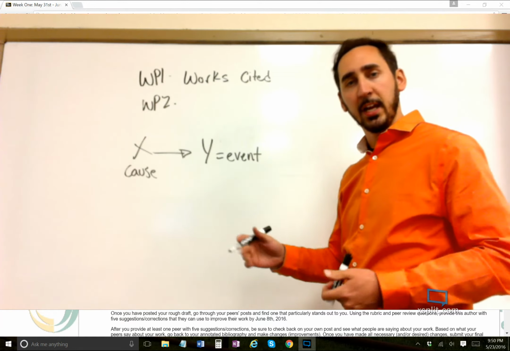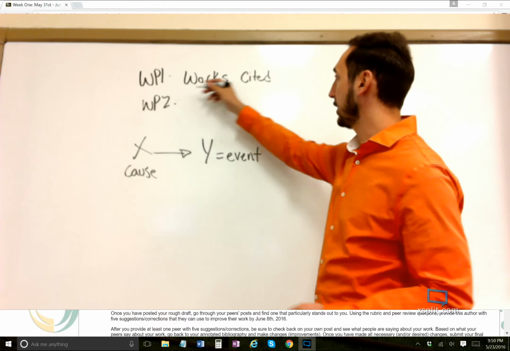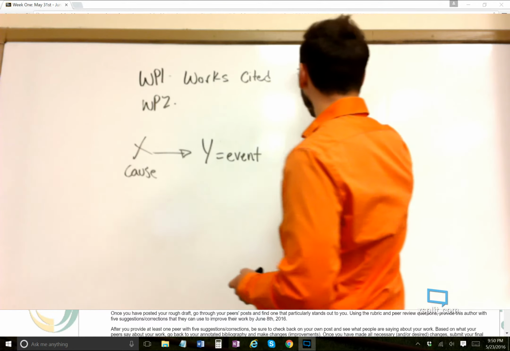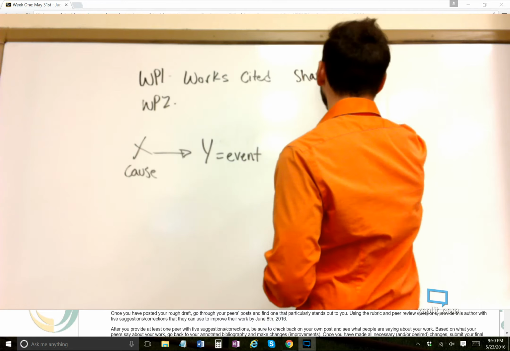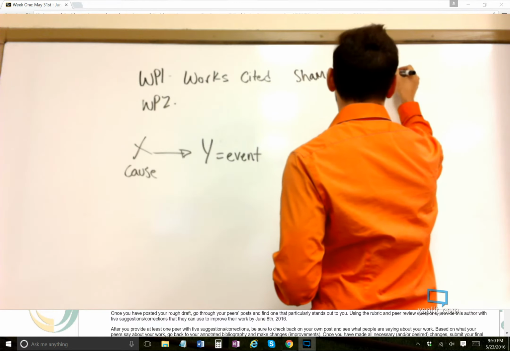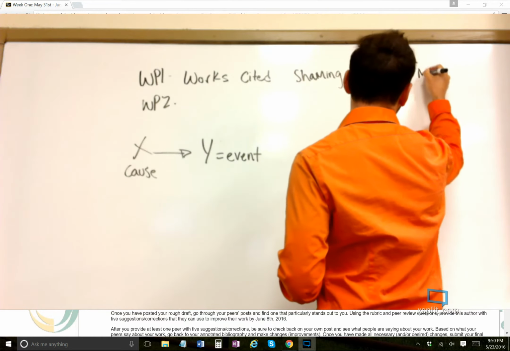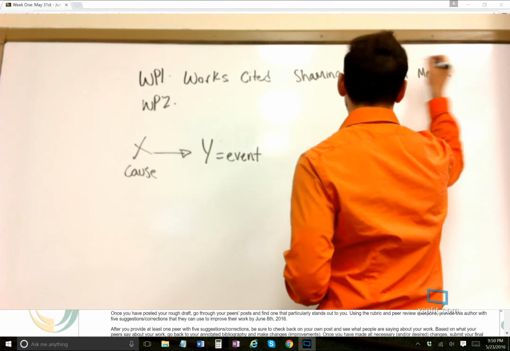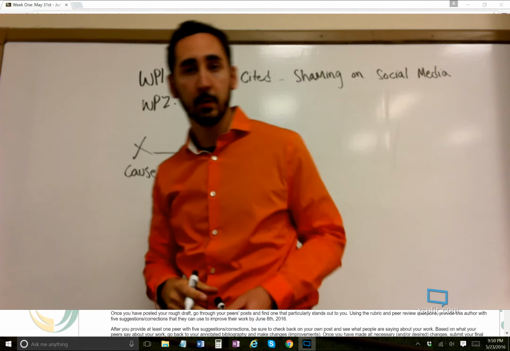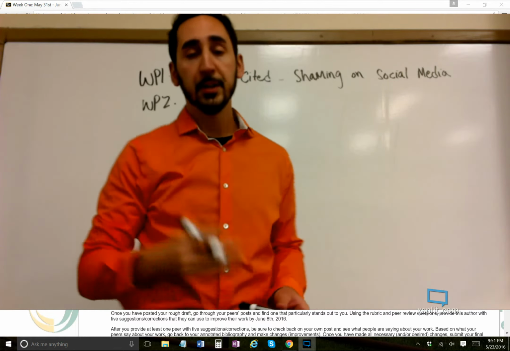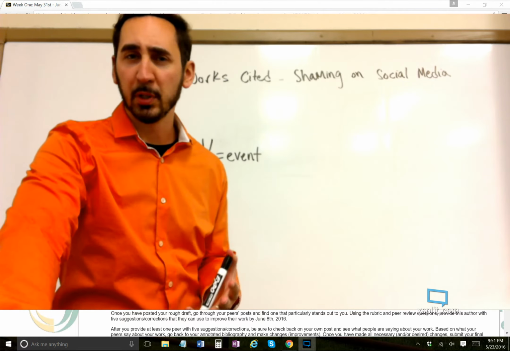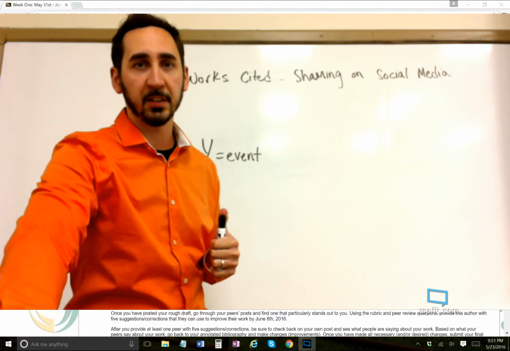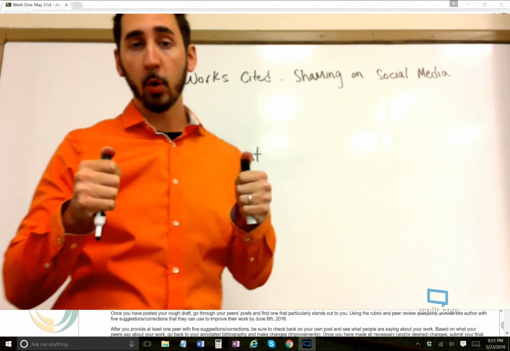So what she's saying is that her first writing project, her works cited, was all about shaming on social media. Okay? All right. Shaming on social media. If you're not familiar with what that means, basically it's kind of like bullying, but you've seen the pictures where people hold up little pieces of paper.